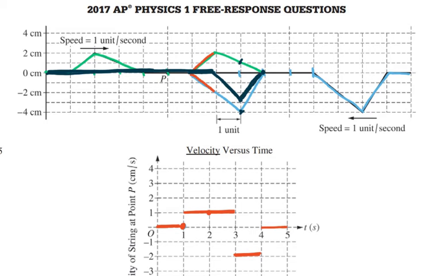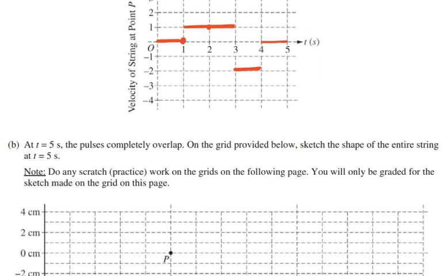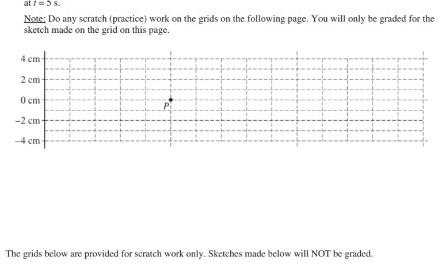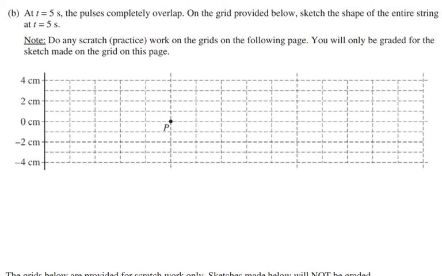The way they ask the question is to not draw the work, but only draw the resultant pulse, the one I did in black. So my resultant pulse is going to pass through point P, then go 3 points down this way, and then 3 points up, and continue going.